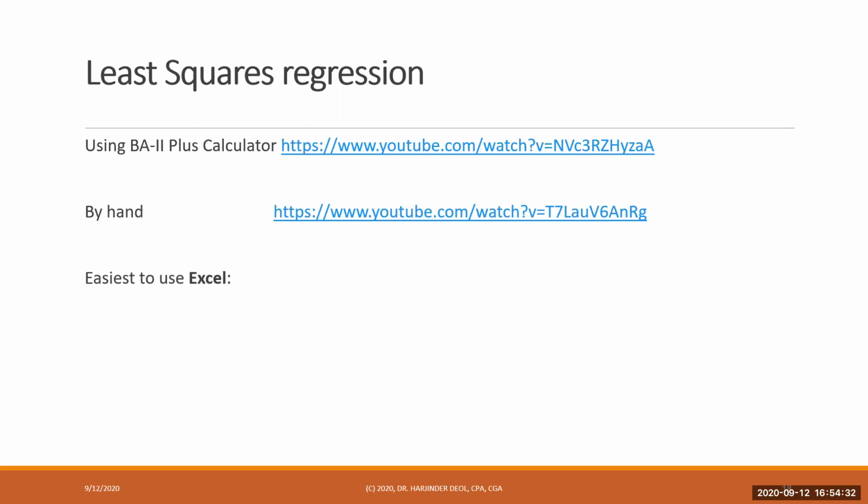The easiest approach now, given that we are having classes that are remote and you will be working on your exams using Excel, is to use the functions in Excel to calculate the slope, the variable cost per unit. The Excel function is called LINEST, L-I-N-E-S-T.